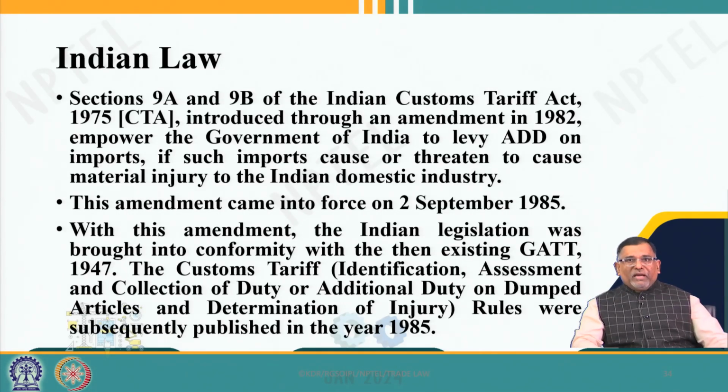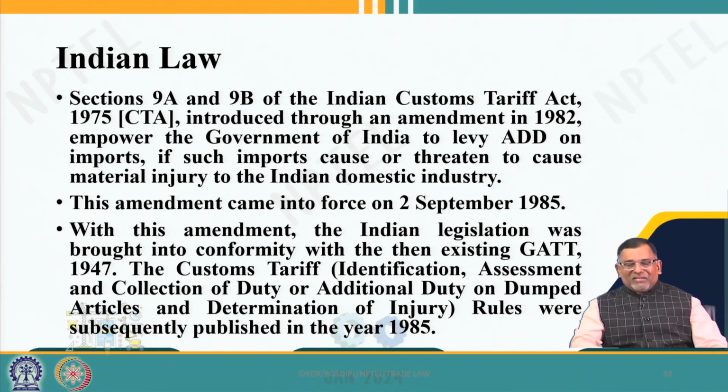So, India has inserted certain provisions into the Customs Tariff Act of 1975. Sections 9A and 9B are incorporated. Remember, very interestingly, you can see that these provisions were included, or a new law was enacted, by India much before the WTO anti-dumping agreement.